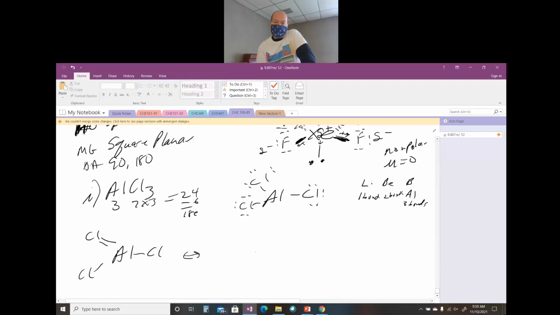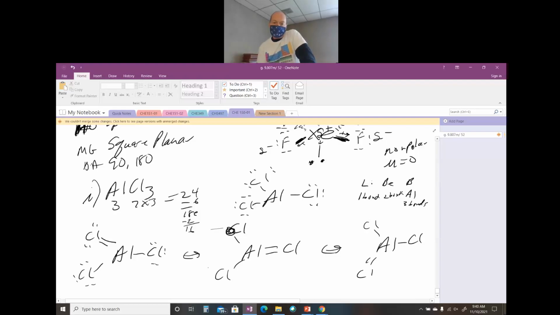Well, this could be a resonance question because you could put the double bond in here, you could put the double bond in here, or you could put the double bond here. All right, and so then when you subtract the 2 electrons for the pi bond, you would have 16, and 16 is the perfect number to give all of the atoms an octet. All right, and so this would be then your 3 resonance structures.